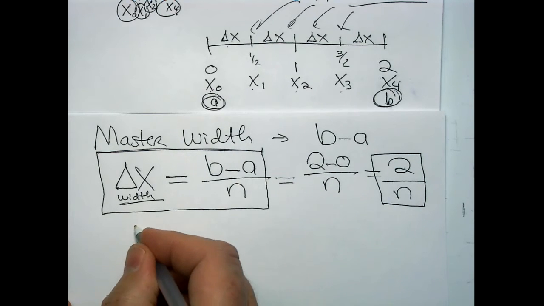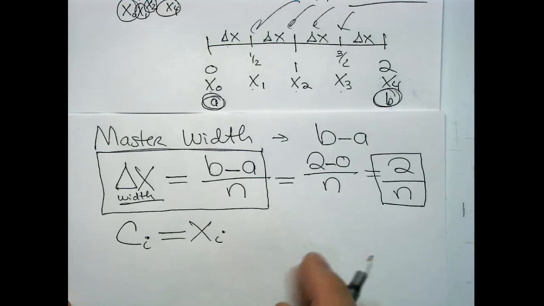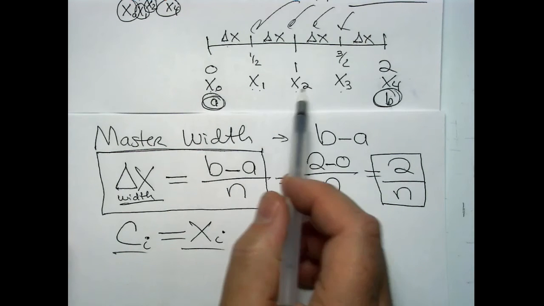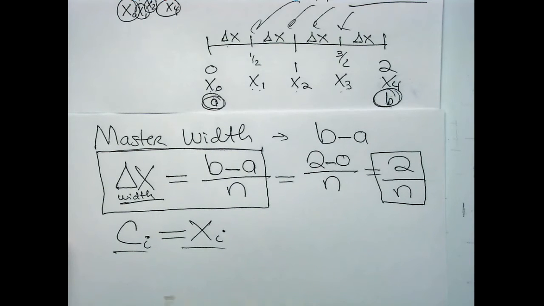I know the book calls these pointers c sub i. I like to call them x sub i, so let's use x sub i instead. C sub i, x sub i, same thing. They're not critical numbers, and that's maybe why I don't like to use the c. But I've already called them x0, 1, 2, 3, and 4, so I think x sub i is a better way to label these for us.